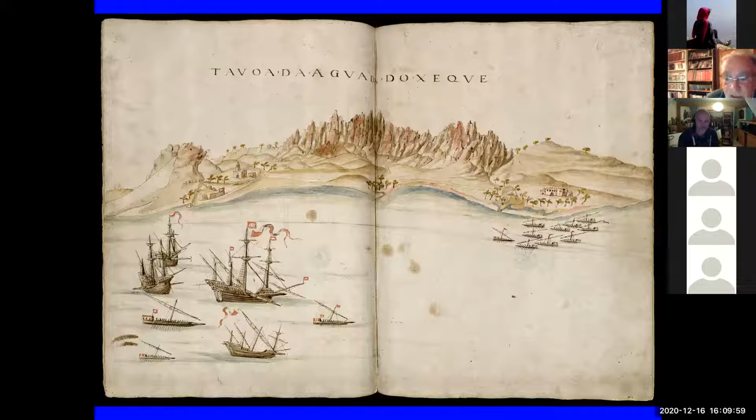This is done by one of the Portuguese sea captains, an image of the island of Socotra, and you'd recognize it today easily if you arrive by boat. And about this time, a very famous sea admiral called Tristan da Cunha visited Socotra, and of course then went on to name the Tristan da Cunha and its islands in the mid-Atlantic. So that's how the Portuguese saw Socotra in the mid-1500s.